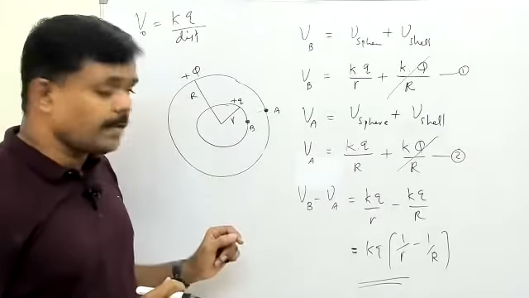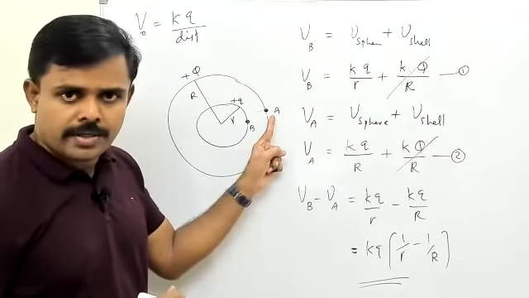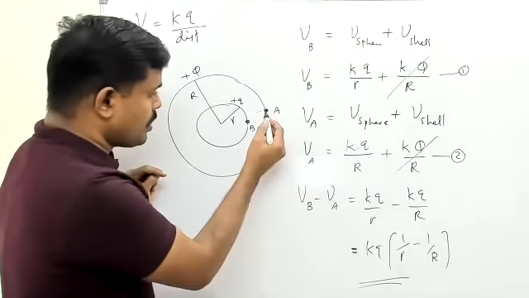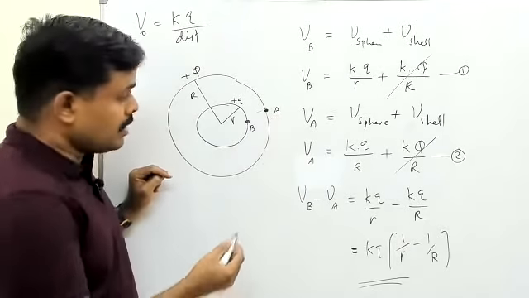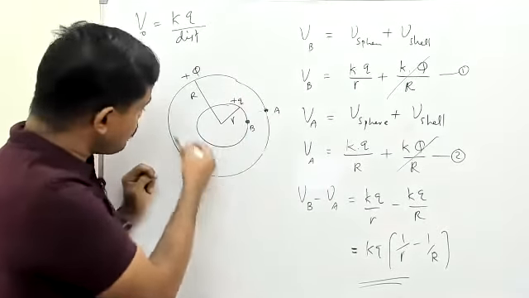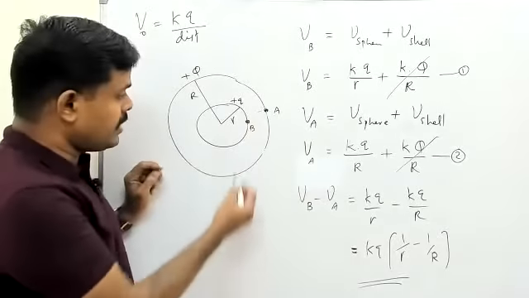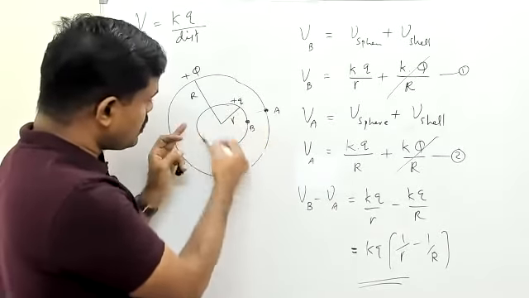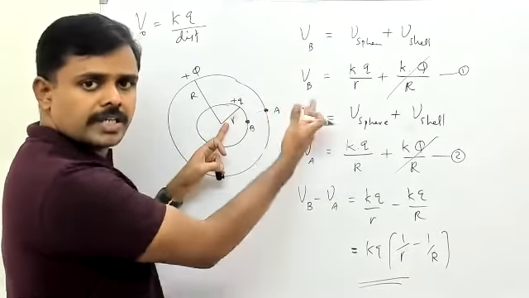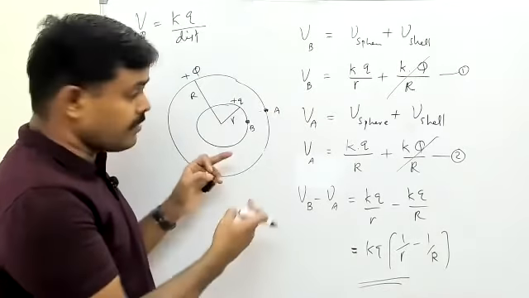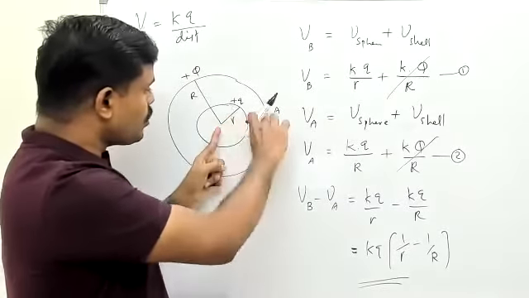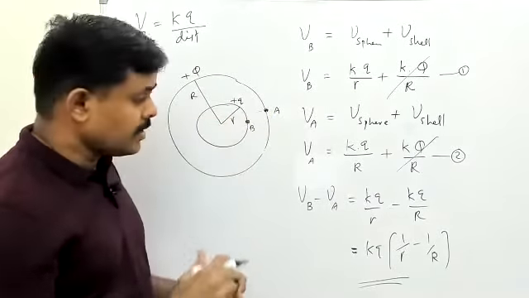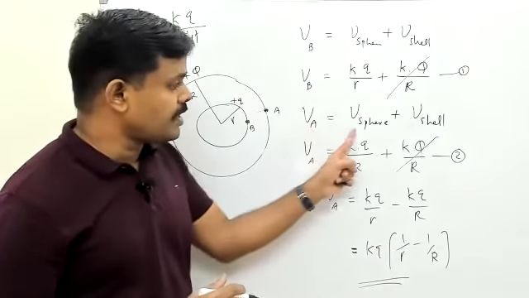Second equation, similar way, potential at A also has two components, right? A is on the surface of the shell and it is outside the sphere. For the sphere, it is an outside point. Yes, even though it is on the shell, it is outside for the sphere. So I can write VA as V sphere plus V shell.